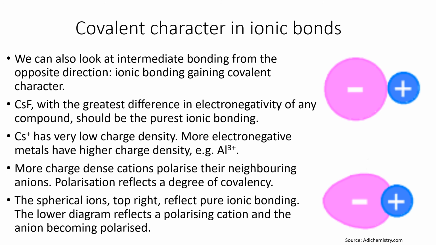So as the difference in electronegativity gets smaller between a metal and a non-metal, the metal is probably getting more charge dense, and so it's going to have greater polarizing power. And the non-metal, as it gets larger and possibly with a greater negative charge, is going to become more polarizable.